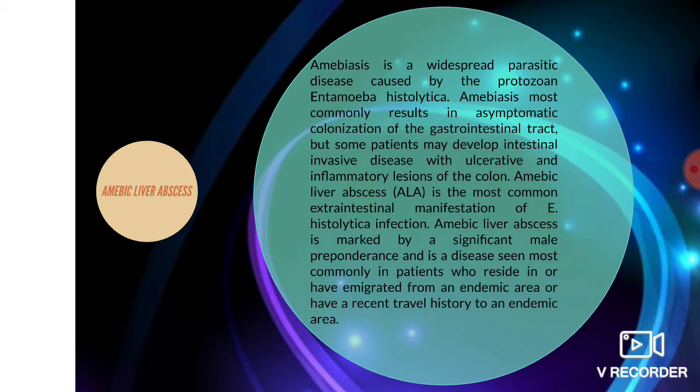Amebiasis most commonly results in asymptomatic colonization of the gastrointestinal tract, but some patients may develop invasive intestinal disease with ulcerative and inflammatory lesions. Amoebic liver abscess is the most common extraintestinal manifestation of Entamoeba histolytica infection.